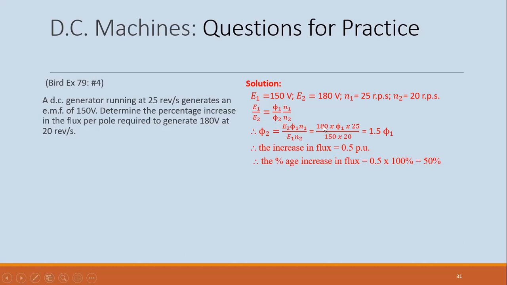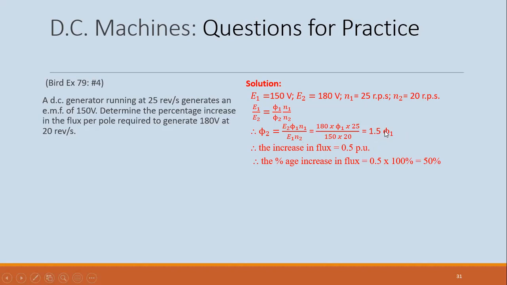All right, so this will be E2 is 180, times phi 1, times N1, 25, divided by E1, which was 150, and N2, which is 20. So phi 2 is now equal to 1.5 times phi 1, which means the flux has increased by 50%, 0.5 per unit.